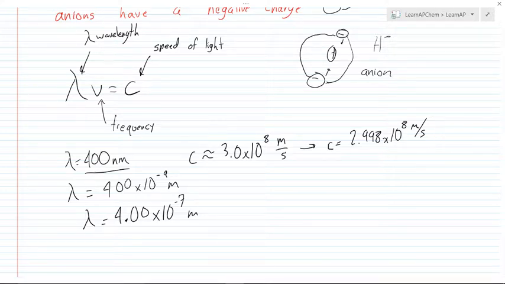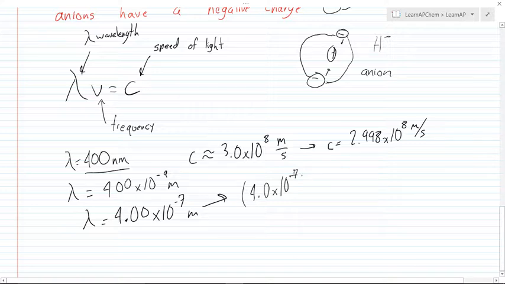So, now all I have to do is what's called plug and chug, and this is a theme of AP Chemistry: you know the formulas, you know the principles, you have the numbers, and you plug it in and chug. So that's why it's called plug and chug.